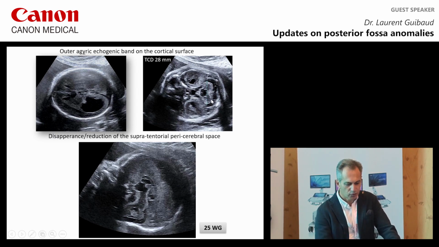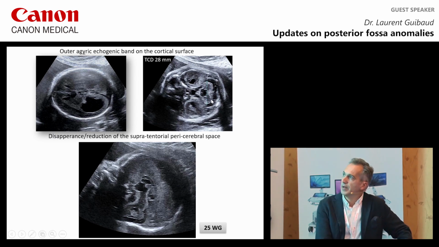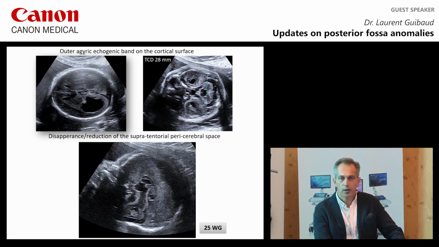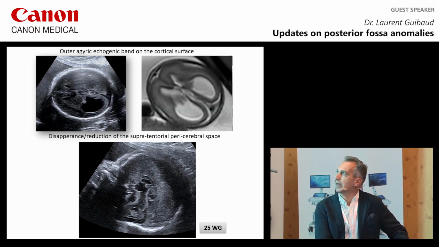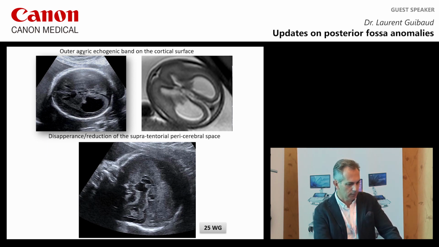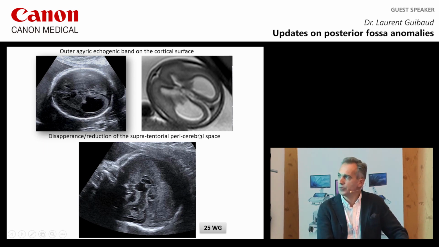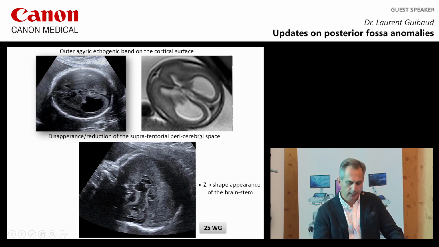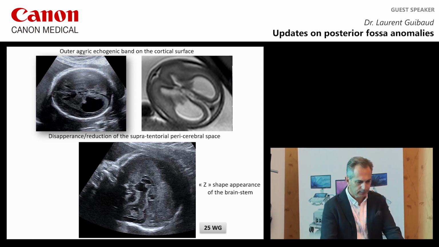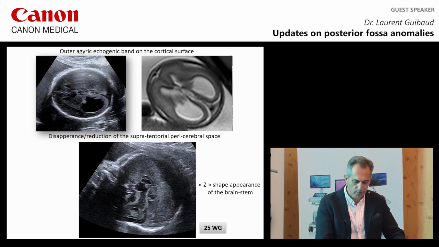Because of this echogenic band, you have disappearance or reduction of the supratentorial space, as you can see also on the MR. If you look at the mid-sagittal view here, you have a Z-shape appearance of the brainstem and agenesis of the corpus callosum.